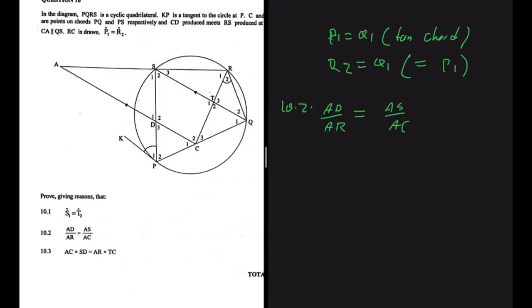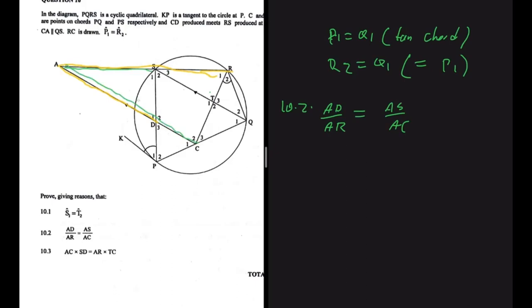Yeah, so we have AD. Where's AD? Yes, AD here. So AD divided by AR is said to be equal to AS divided by AC. So we have AS here divided by AC.